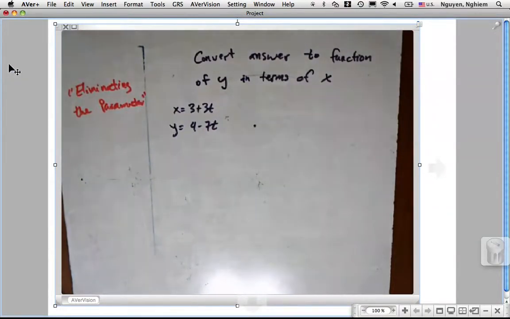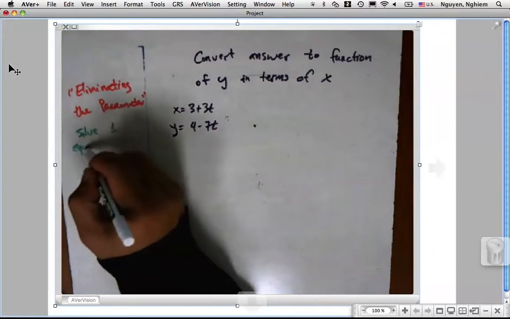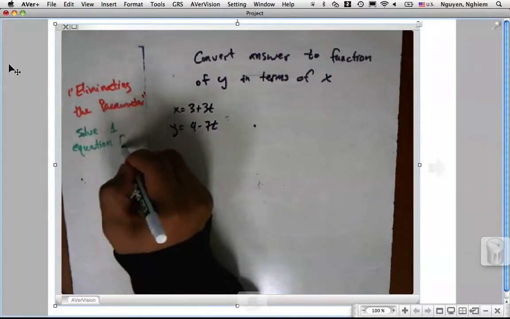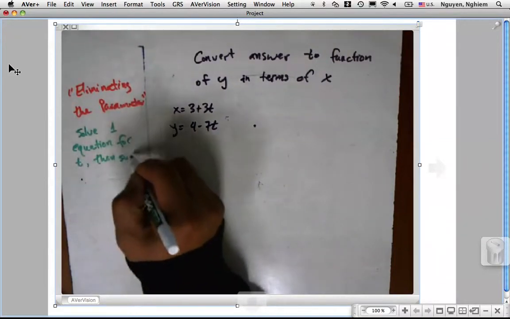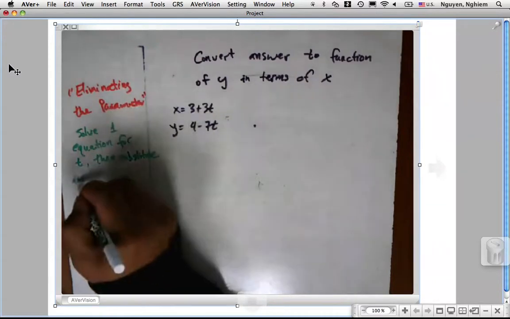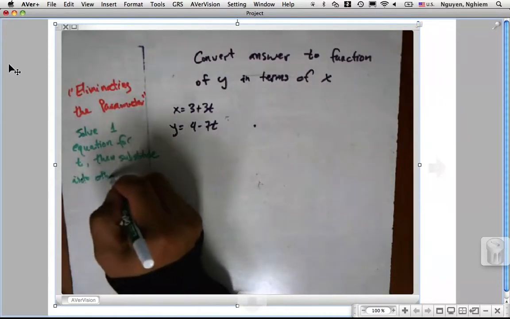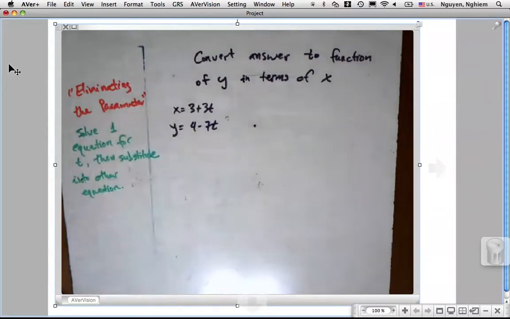So we can do this with just a couple quick steps. Solve one equation for t, then substitute it into the other equation.